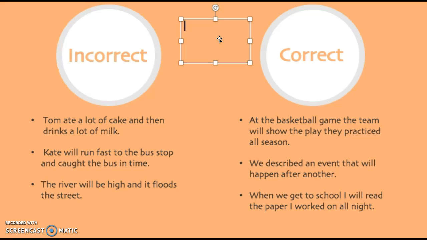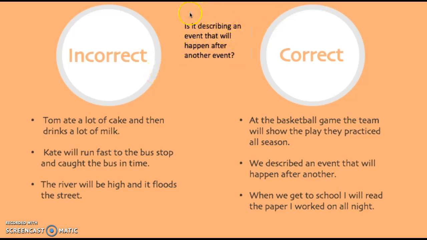So we're going to ask ourselves after every sentence, is it describing an event that will happen after another event? Alright, we have to have this in the back of our mind as we're reviewing.